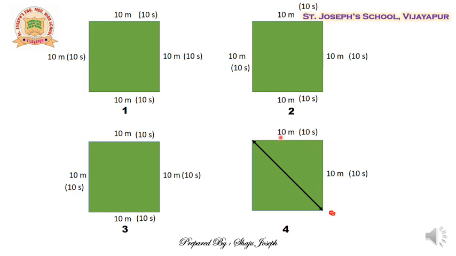Any diagonal you draw in a square forms two congruent triangles. Let us see the upper triangle now. In the upper triangle, two sides are 10 meters each. Then what will be the length of the hypotenuse? By applying the Pythagoras theorem, we come to know that the answer is 10 root 2. Hence, the total displacement of the farmer is 10 root 2.